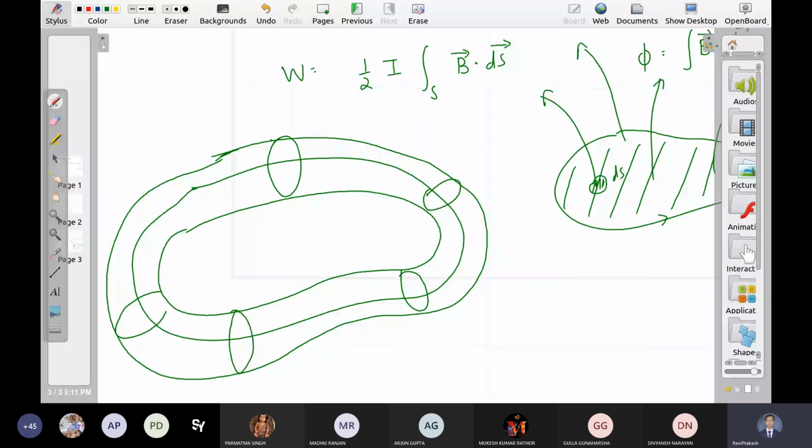What I'm trying to show: this is a thick wire. So air is here, and this is, let us say, copper. So this whole dashed thing is copper.